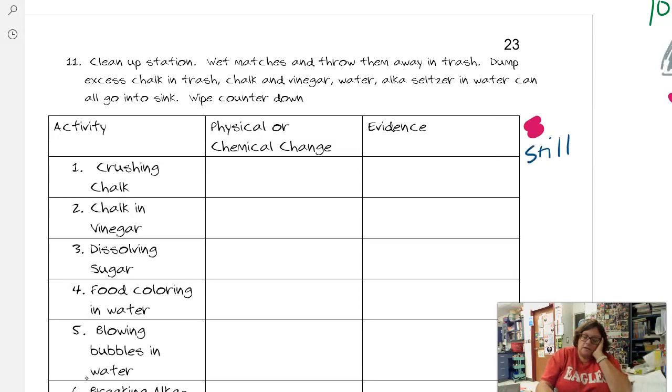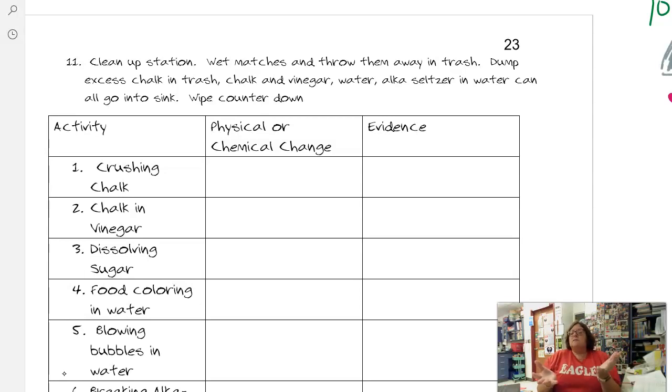Evidence is going to be things like, let's say you have ice and you're crushing up ice. So you would say it's still ice, it's just in smaller pieces, but they have the same properties. Your evidence for something new is that it's going to have changed properties, and some of the signs that it may have become something new are when you have a color change, if you have a lot of heat and energy produced, if it gets cold.